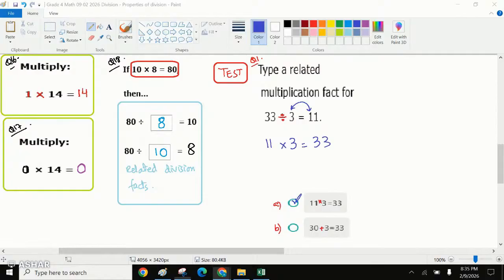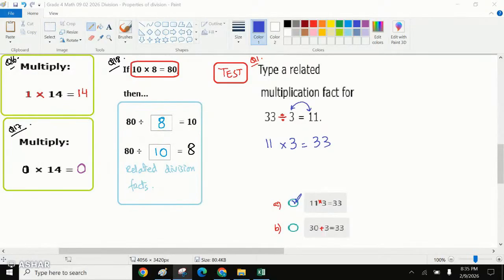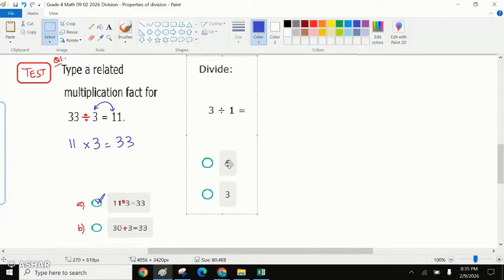Let's have a look at the next. A number is being divided by 1. For question number 2, it says a number is being divided by 1 and the number is 3.